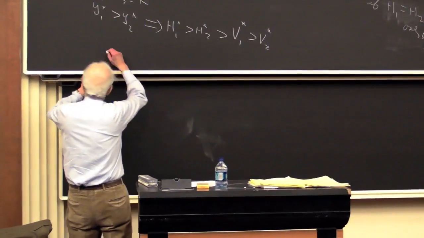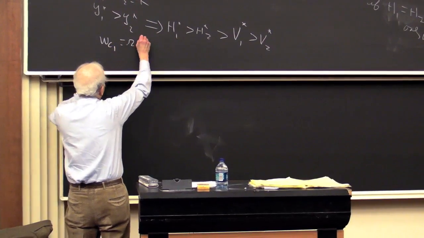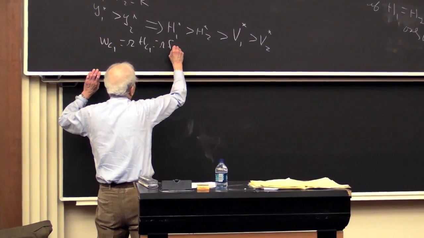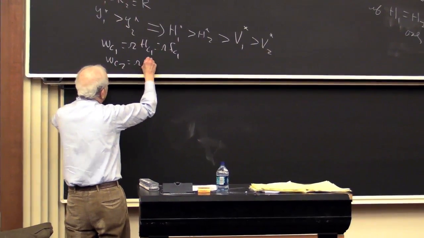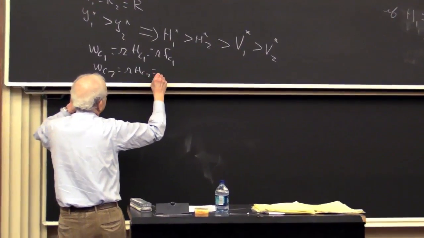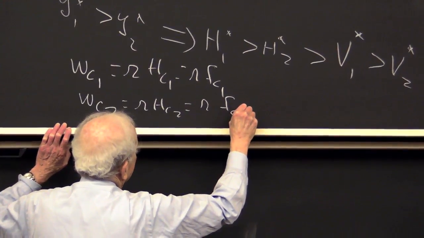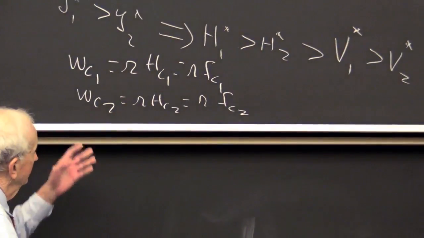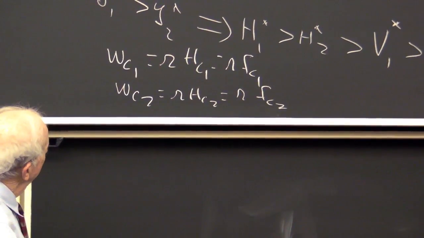Well, we have WC1 is equal to RHC1 is equal to RFC1, and WC2 is equal to RHC2 is equal to RFC2. Okay. So that's the definition of our earnings.